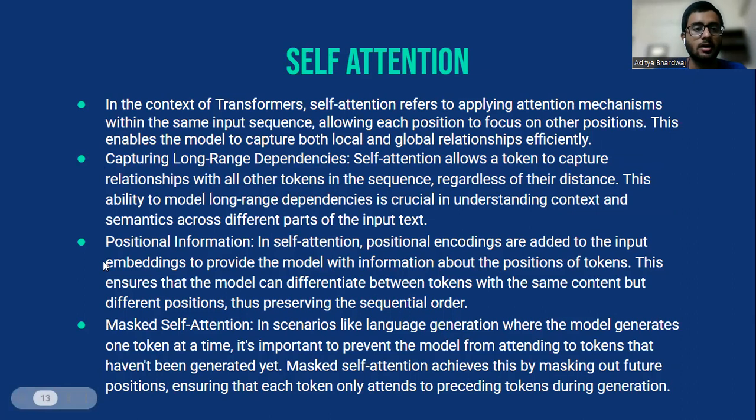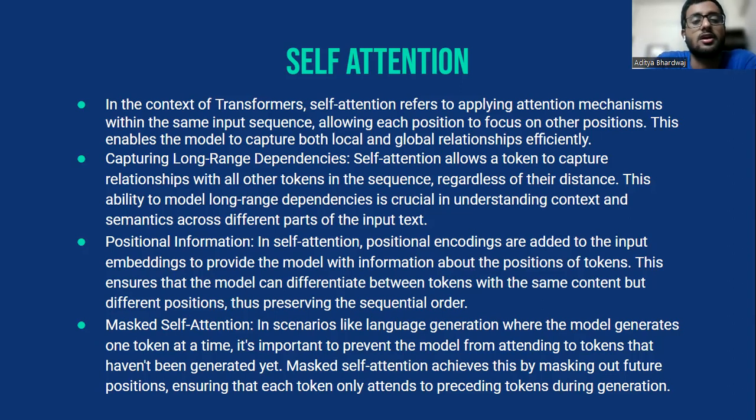Now talking about self-attention, in the context of transformers, self-attention refers to applying attention mechanism within the same input sequence, allowing each position to focus on other positions. This enables the model to capture both local and global relationships efficiently. Capturing long-range dependencies, self-attention allows a token to capture relationships with all other tokens in the sequence, regardless of their distance.